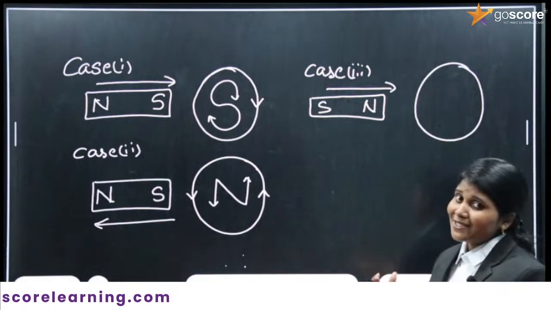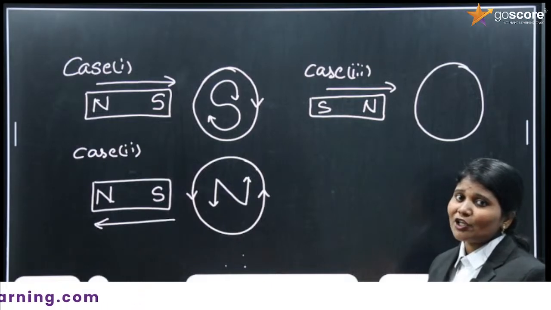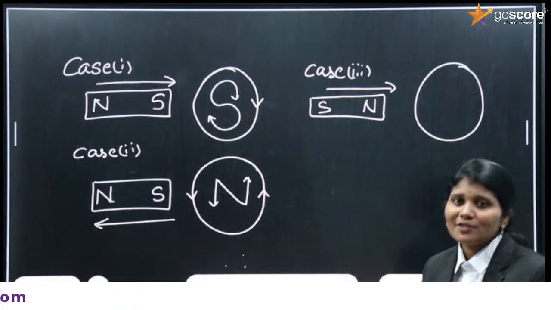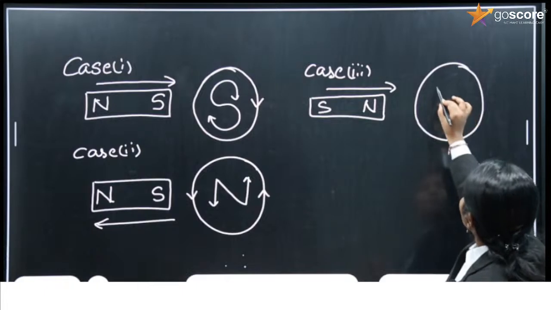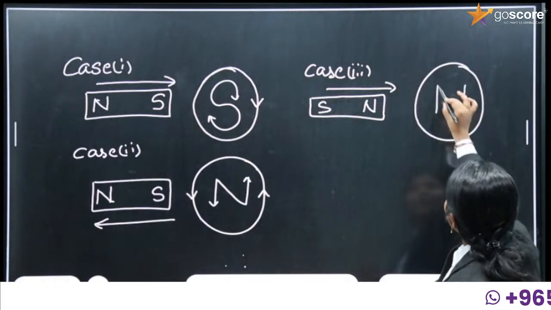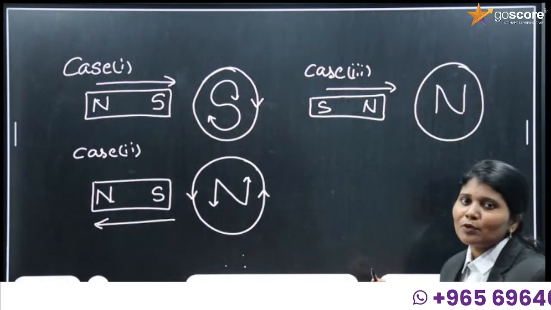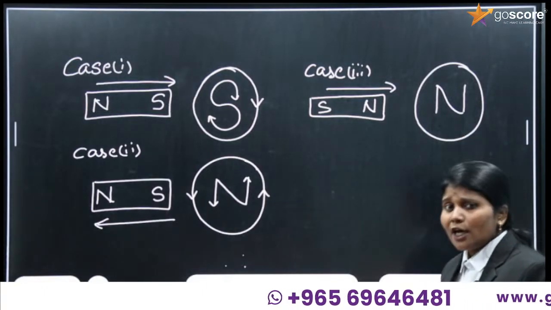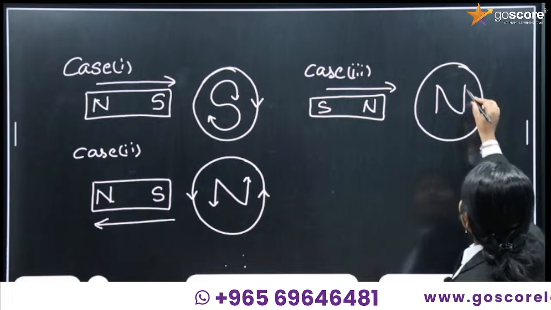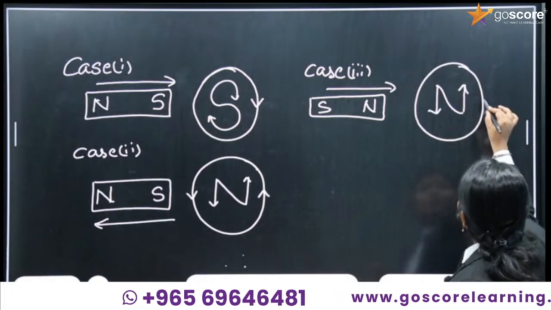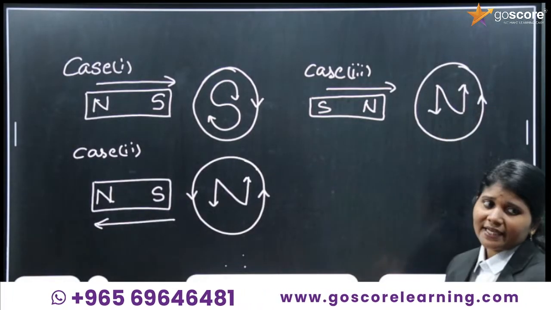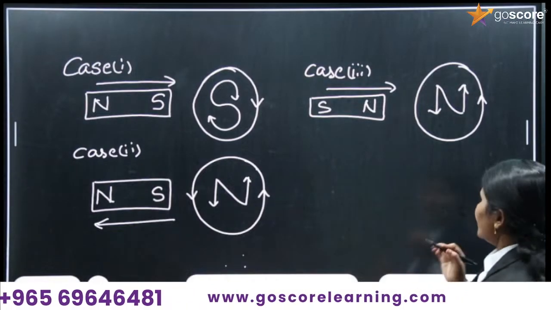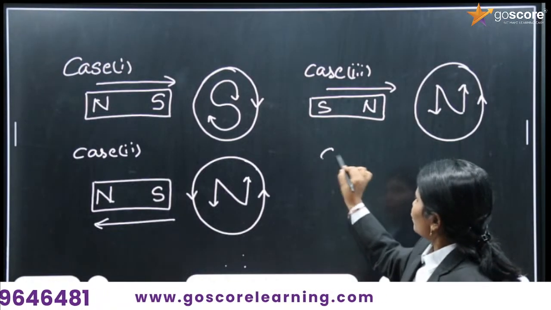But what is the EMF doing here according to the Lenz law? Opposing. Opposing means which pole is inducing? North pole. North pole and north pole oppose, that's why a north pole is inducing. Then what is the direction of current? Anti-clockwise direction. Then case 4.